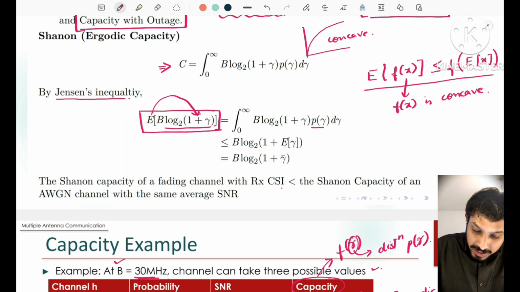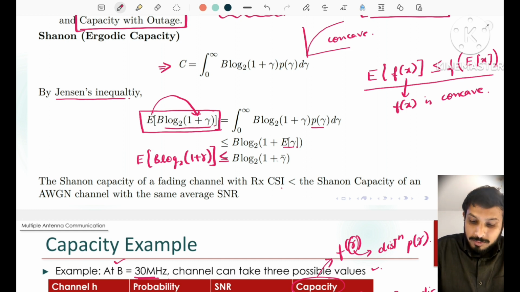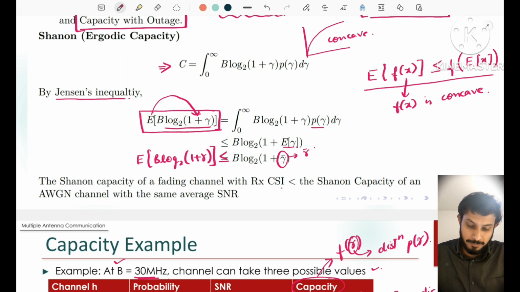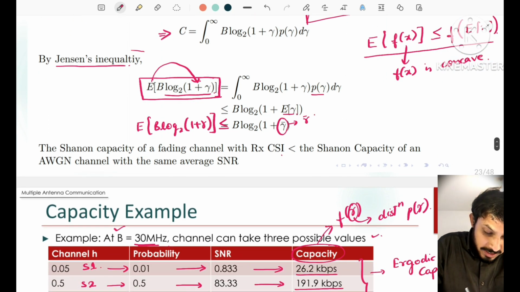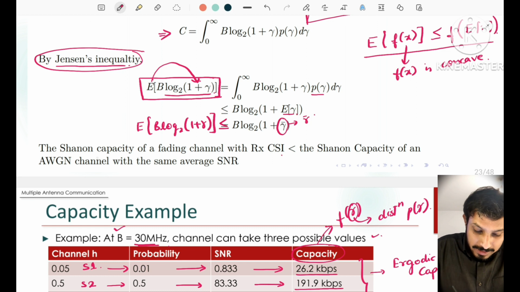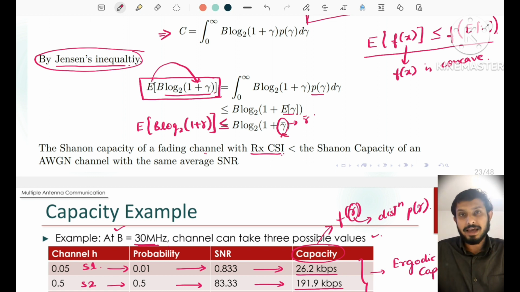So we took the expectation inside, and what we get is E, this expectation over B log 2 (1 plus gamma) is less than or equal to B log 2 (1 plus average SNR), that is gamma bar. And through the Jensen inequality, we can say that the Shannon capacity of the fading channel with the receiver CSI is less than the Shannon capacity of the AWGN channel with same average SNR.